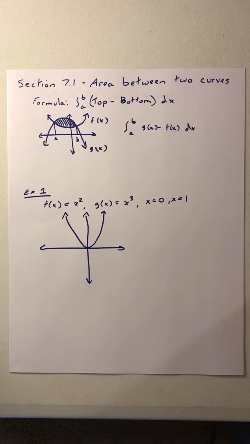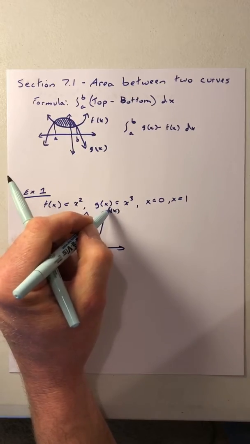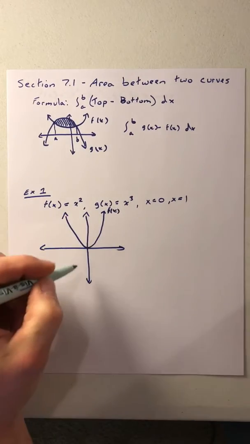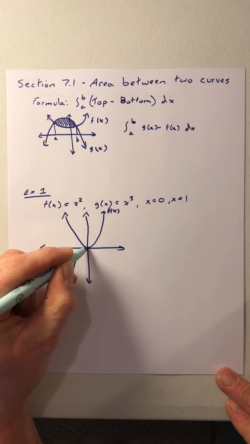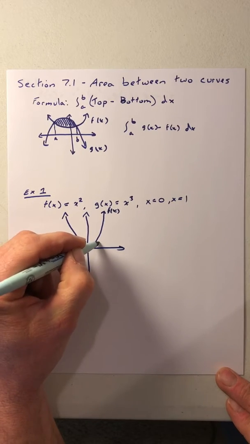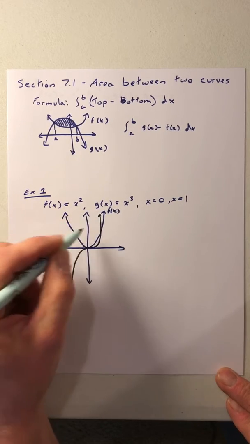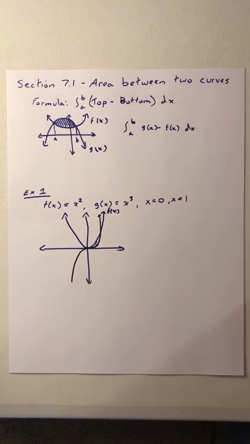I'll go ahead and label that as f of x as well. If I look at my g of x, my x to the third, I know that function is coming in, going through the origin, and it's going to go actually lower than f of x, but then come up higher. So we're going to see this very small region in there.